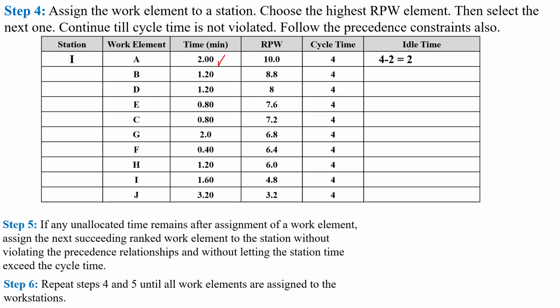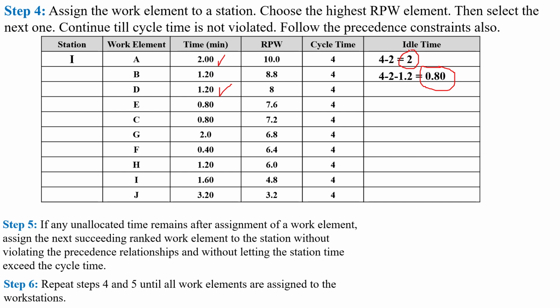So now the idle or available time is 2, and the next element for station 1 is B, and its time is 1.2. So we can add work element B in station 1. Then the idle time will become 4 minus 2 minus 1.2, which is 0.8. The next work element is D, and its processing time is 1.2 but the available time is only 0.8.